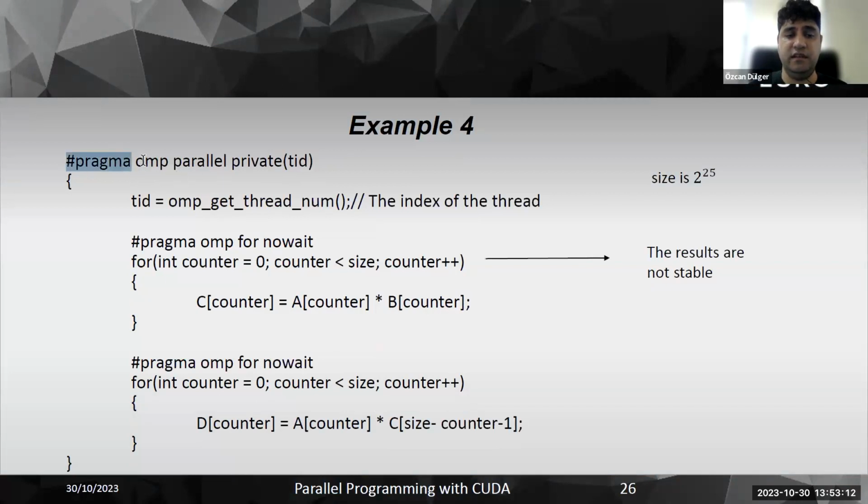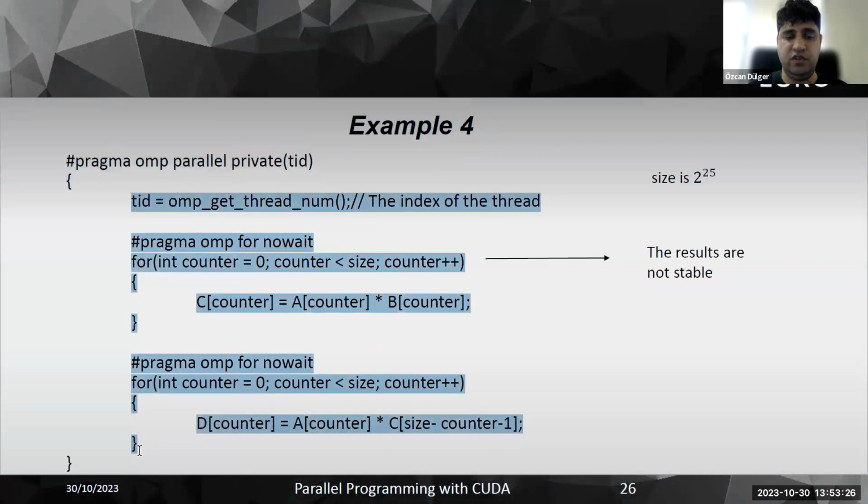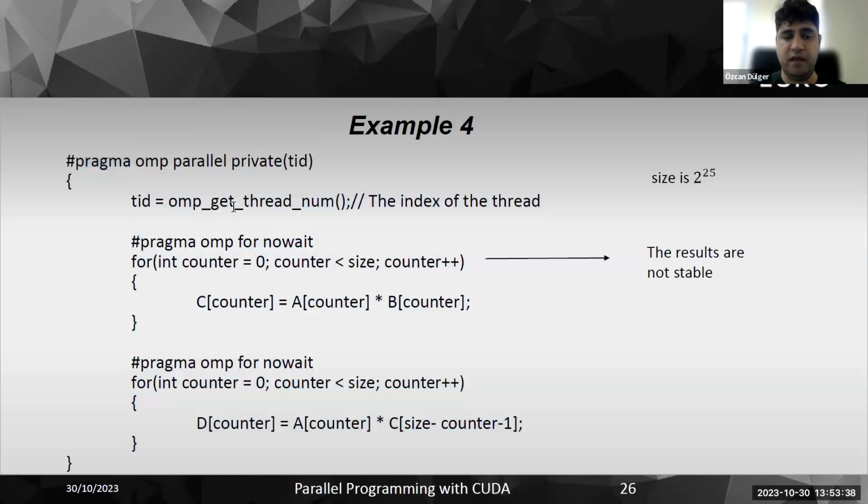Here, this is an OpenMP instruction, and inside of this function, we can use the instructions of OpenMP, and the threads are created here, and we can access all of the threads inside this fragment.